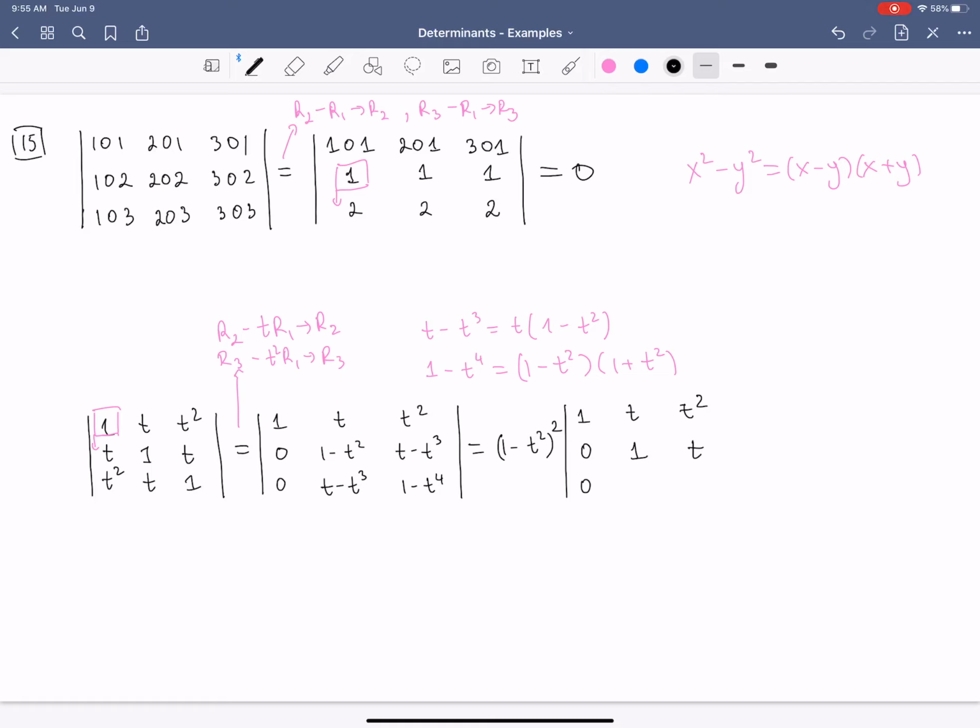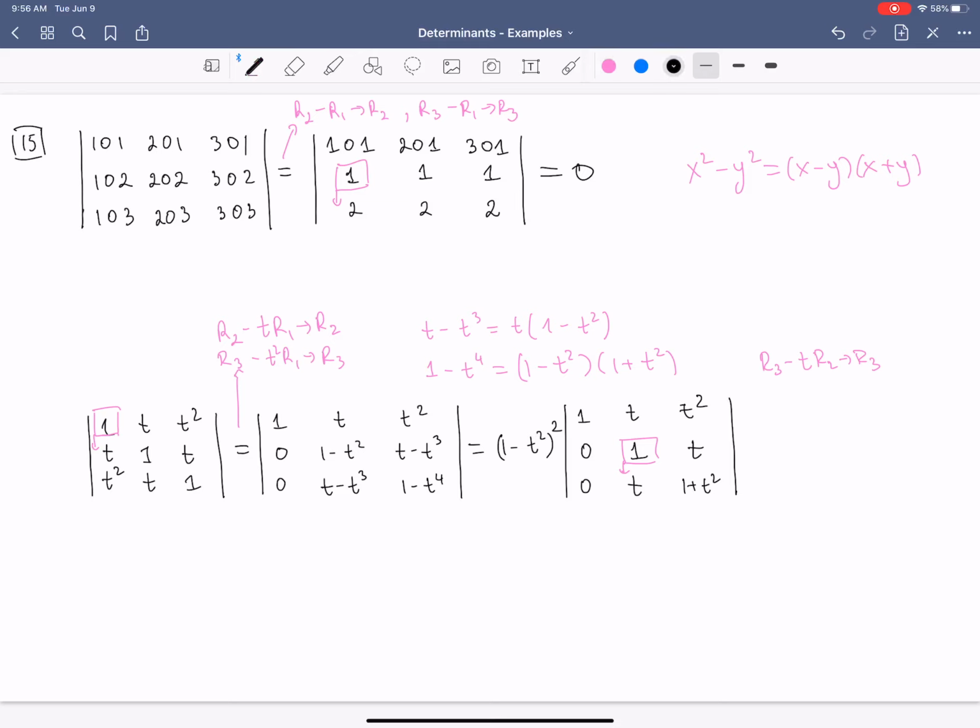Then what I have in the third row is a t here and a 1 plus t squared there. So that makes the determinant nicer. Now I use this pivot to eliminate underneath. The operation will be R3 minus t R2 into R3.